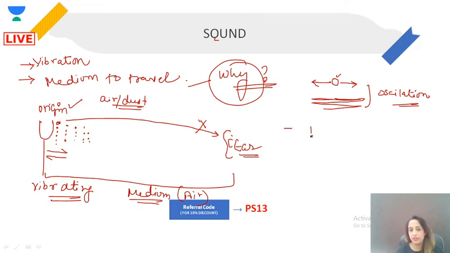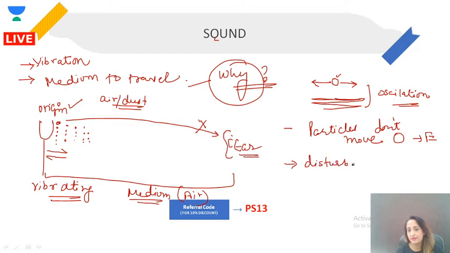So I will write it down. Particles don't move from origin to ear. What moves from origin to ear is the disturbance. The disturbance that they have caused moves from the origin to the ear, from here to here.